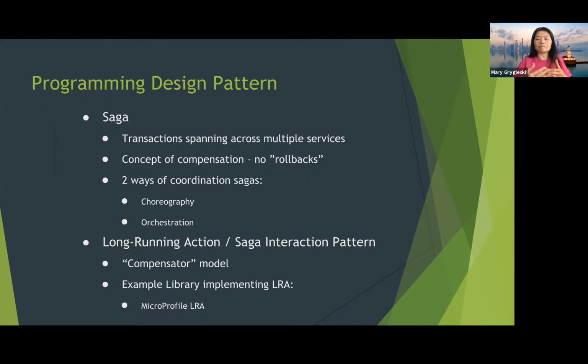However, in the Saga pattern, there's no such thing as how traditional database engines do transactions. So it's called compensation. This model is interesting in that there are actually separate services that help with doing the compensation.